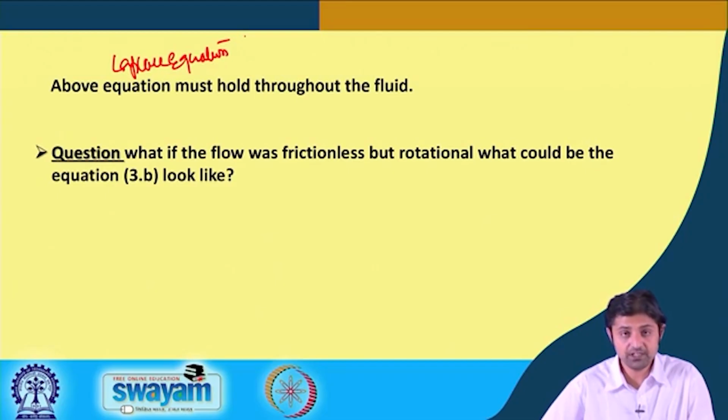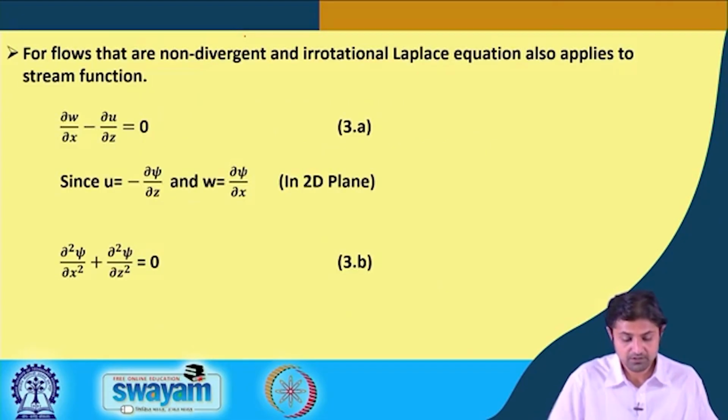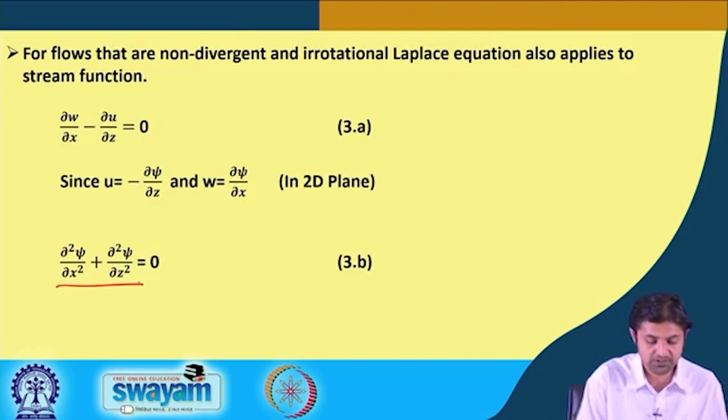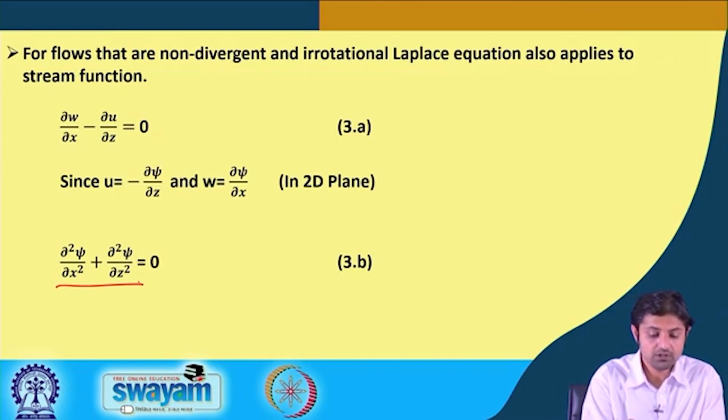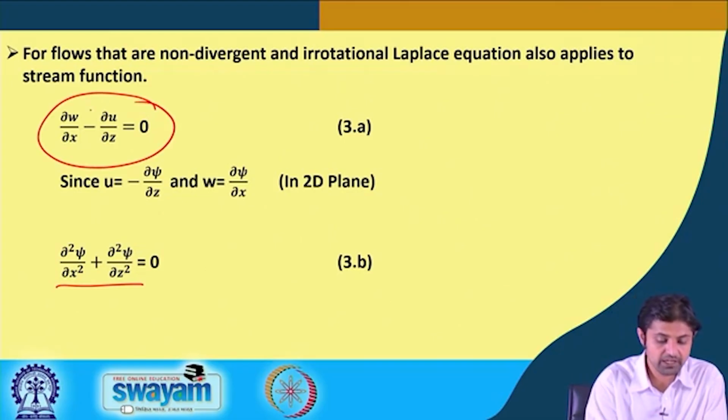All right. So at this point I have a small question for you. Think about it. What if the flow was frictionless, but rotational, not irrotational? What could equation 3b look like? If you brush up your mind, for irrotational flow this term was 0, right?